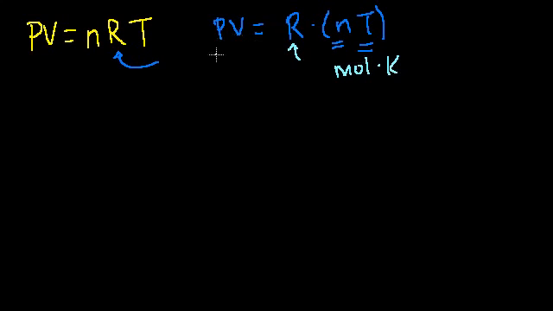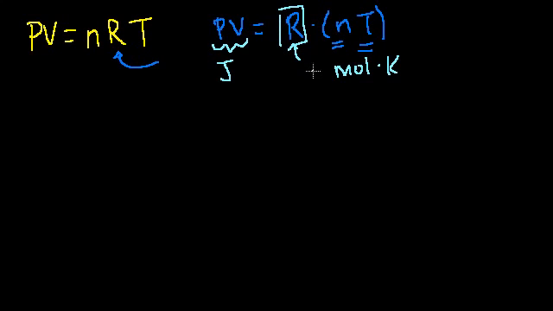And with pressure times volume, it's force per area times a volume. You get force times distance, which is joules. So this is in joules. What the ideal gas constant essentially does is convert. We know that this is proportional to this, but it sets the exact constant of proportionality, and it also makes sure we get the units right. So that's all it is.